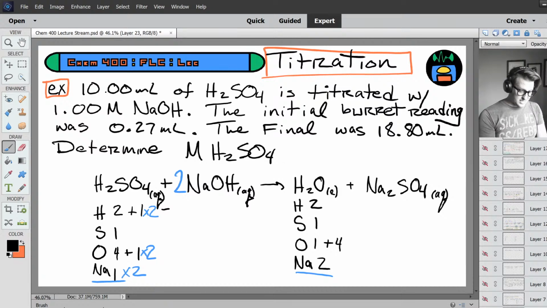Now on my reactant side, I'll have 2 plus 2 hydrogens.